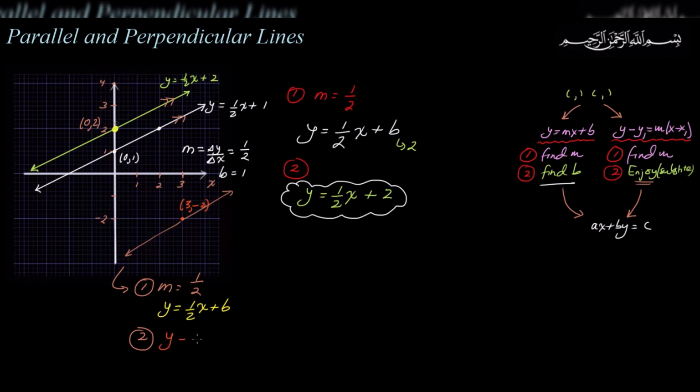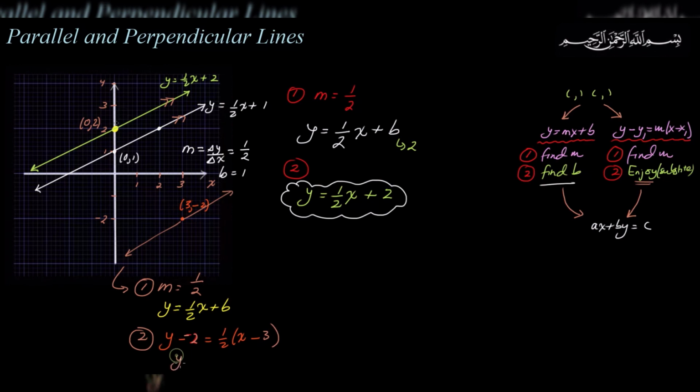I put that point in there. So y minus -2 is equal to the slope, which is 1/2, times x minus 3, like this. Ta-da! So I substitute 3 in place of x, I substitute -2 in place of y, and I have the equation of the line. I'm done.